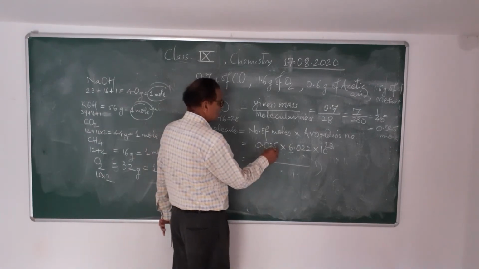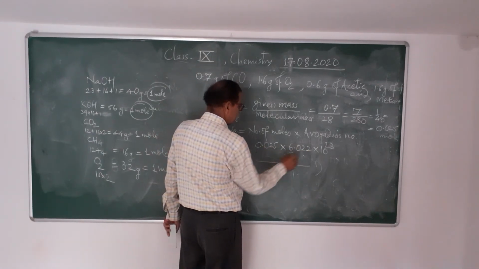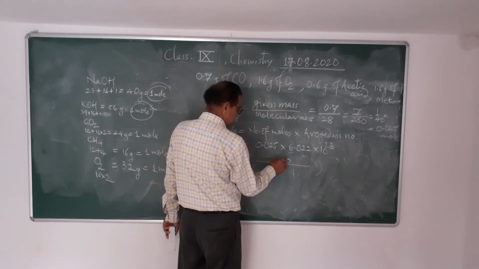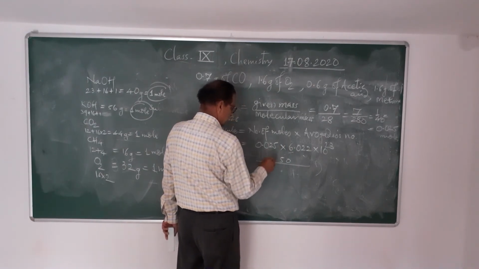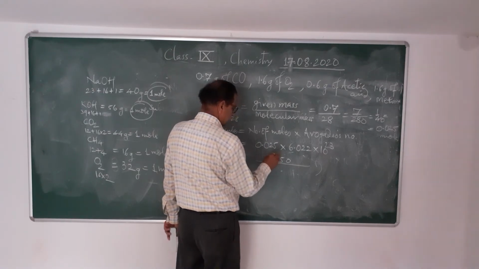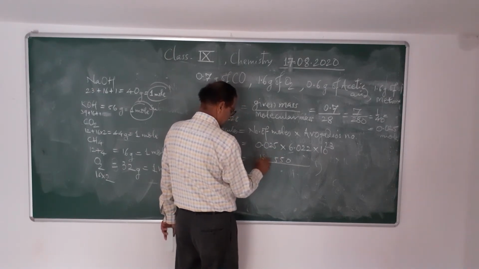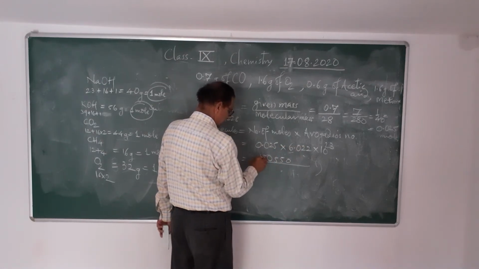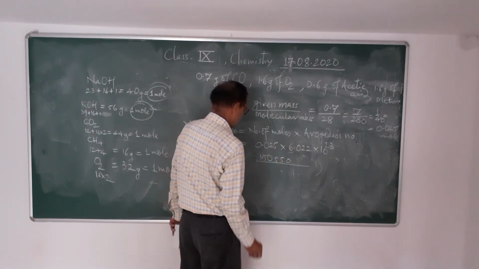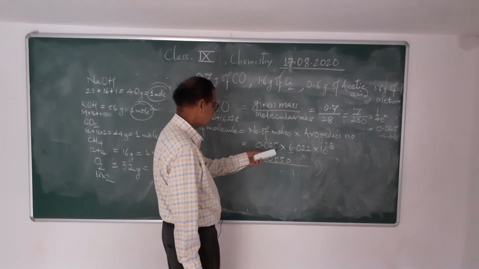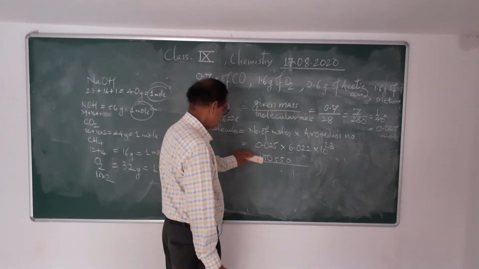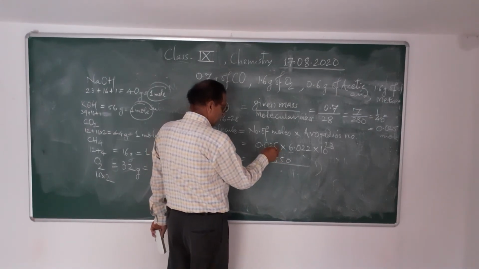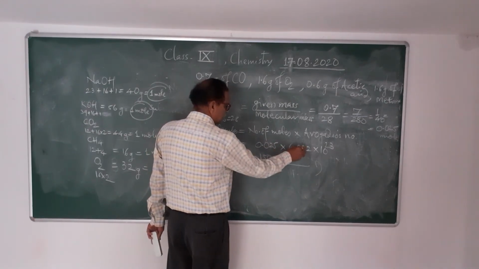Here the decimal point will be 1, 2, 3, 1, 2, 3.